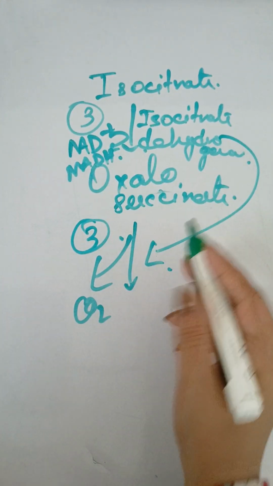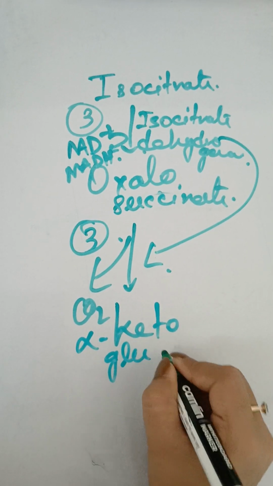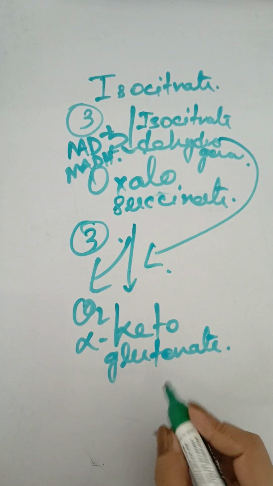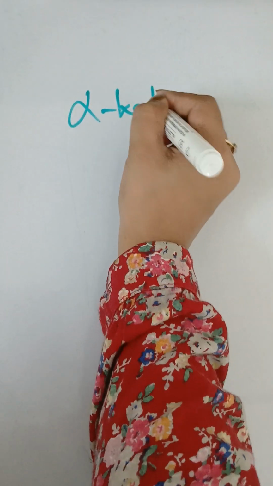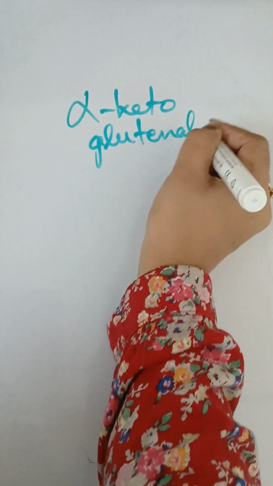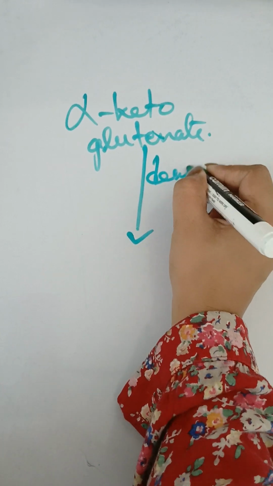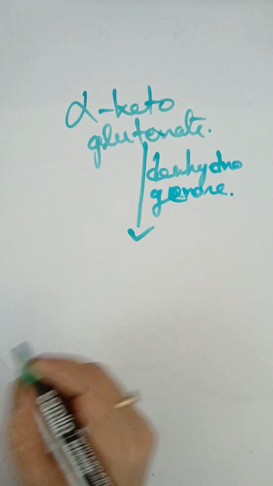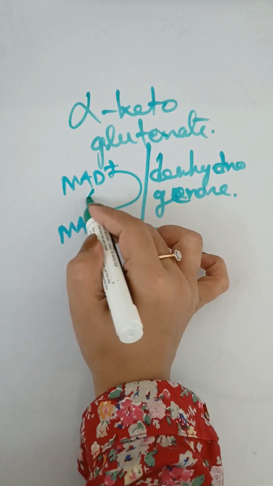Then finally after its decarboxylation it will give rise to alpha-ketoglutarate. Now from alpha-ketoglutarate, with the help of the alpha-ketoglutarate dehydrogenase enzyme, the second NADH will be produced, that is reaction 4.